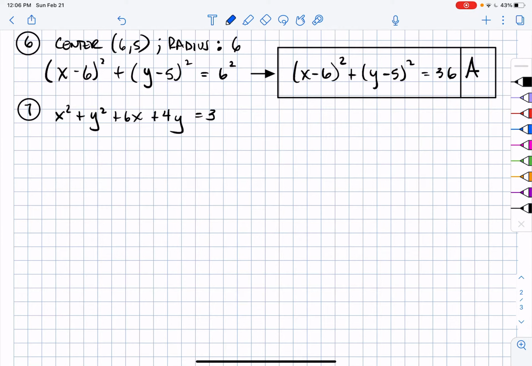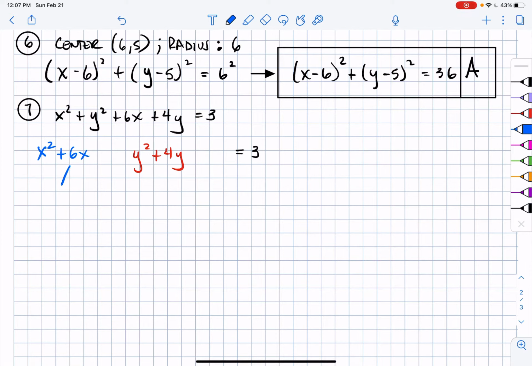If I'm correct, I have x squared plus 6x. Those are my x's. I have y squared plus 4y. And the number that stands alone is already by itself on the other side, so I'm good. Right? Because when we did completing squares, we moved the constant to the other side. So now we're completing the square. What did we do? We looked at this right here.